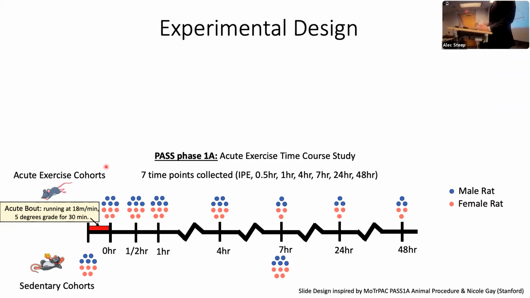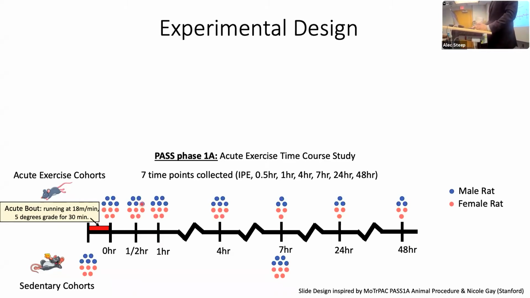So what we did here is we took 7 cohorts of rats to undergo acute exercise response. They went through an acute exercise bout where they had to run 15 meters per minute at a 5-degree incline for about 30 minutes. And that's what this red represents right here. This is that exercise time.